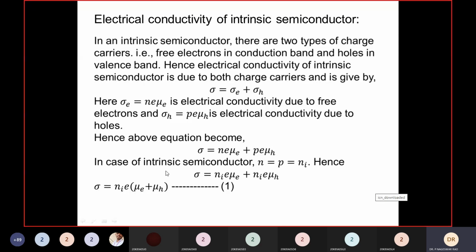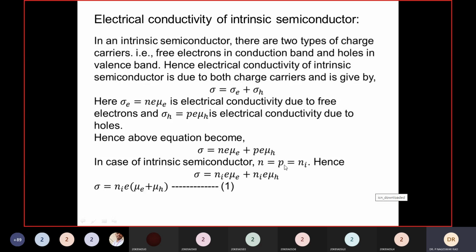Hence sigma is equal to Ni into E into mu E plus Ni into E into mu H. Here Ni into E is common for both, since N equals P equals Ni, so we substitute Ni instead of N and P. Taking common, sigma is equal to Ni into E into (mu E plus mu H).